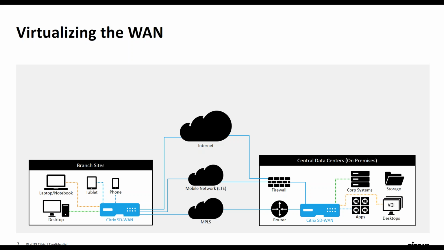And one of the things we can do is at the branch sites, SD-WAN can be deployed as that edge device and replace that edge router and consolidate a lot of the networking footprint that often we would need to make sure that our security policy, our networking policy is all in unity at each site, right? So that's one of the many capabilities that we can do at a traditional level with SD-WAN.